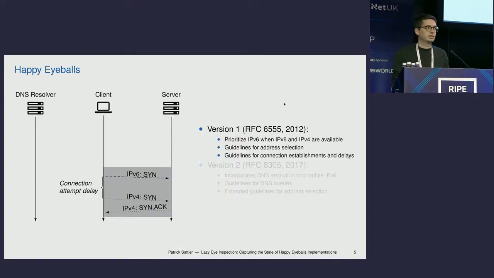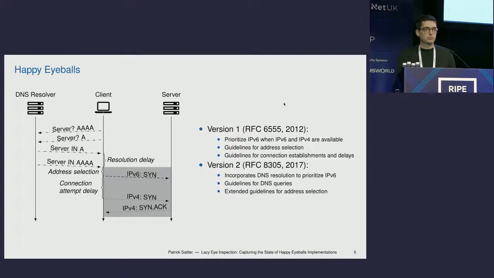You first start your IPv6 connection, in this case a TCP connection, with a handshake, and then wait for the connection attempt delay. Only if you don't receive a response within this delay, you fall back to IPv4. This delay is recommended to be set to 250 milliseconds, so the user will barely notice this fallback and still gets a working connection if IPv6 is broken.